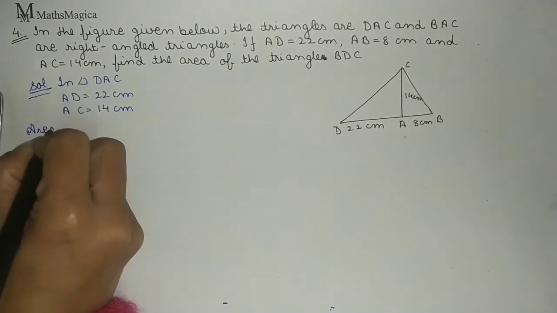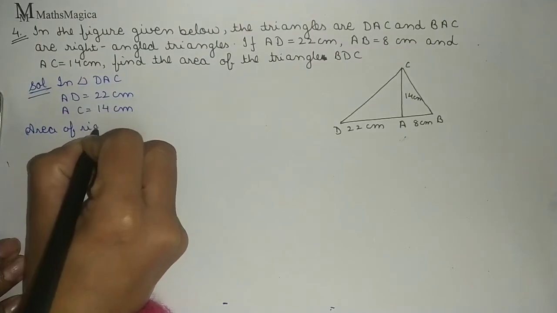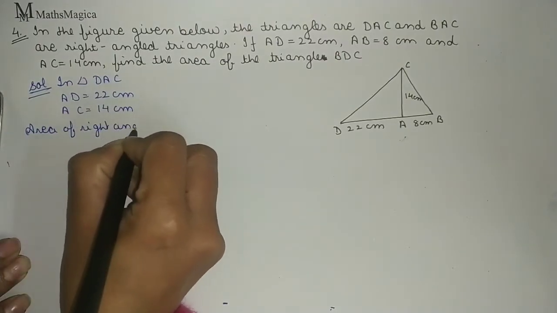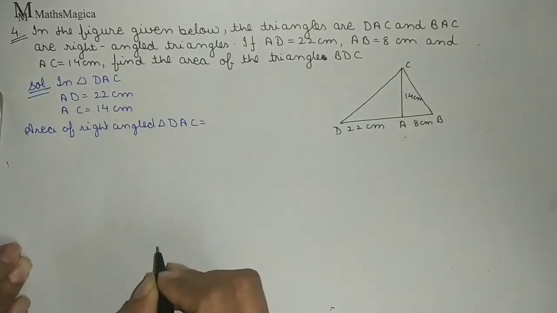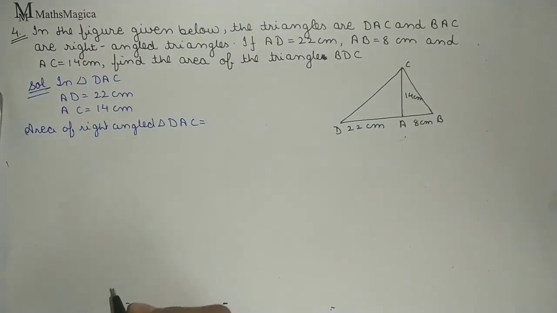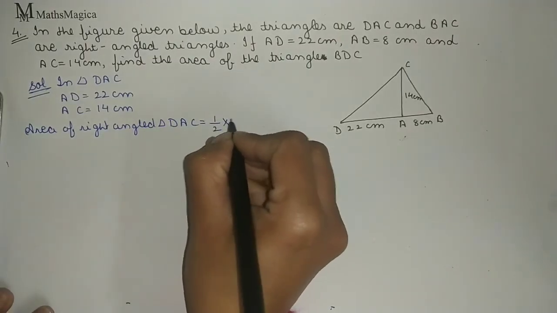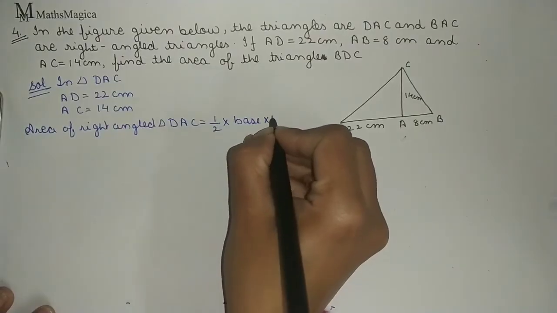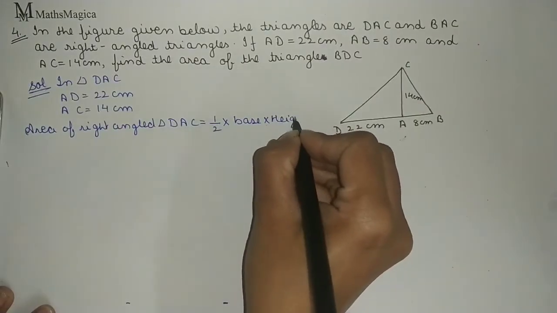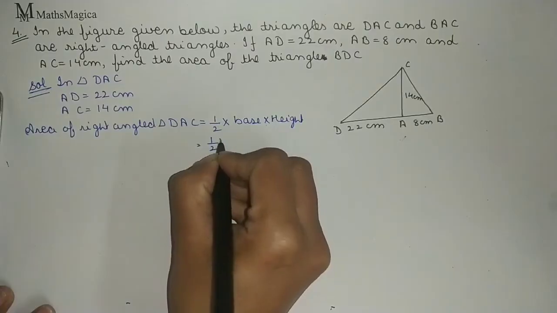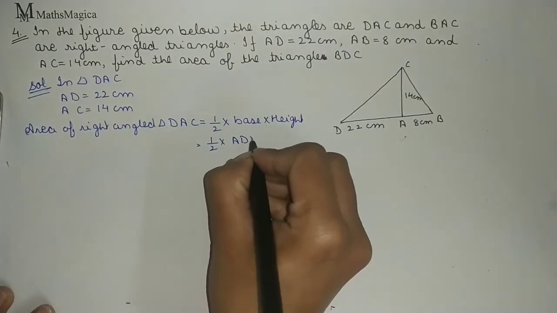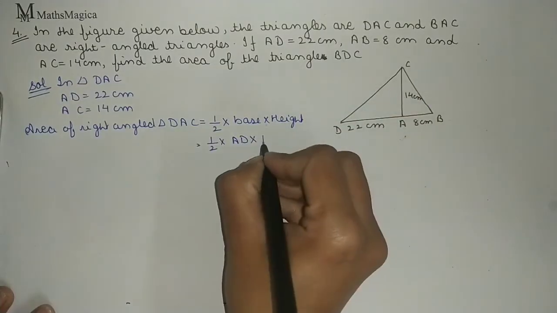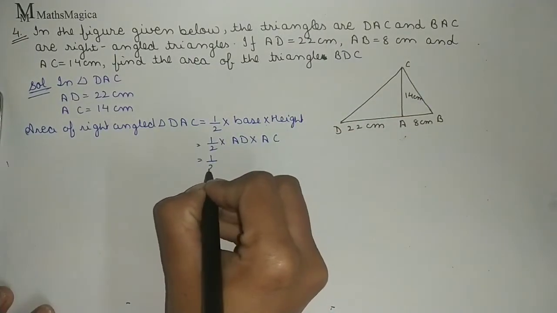Area of right angle triangle DAC is equal to, now the formula of area of right angle triangle is half into base into height. Base is AD and height is AC. Put the values.